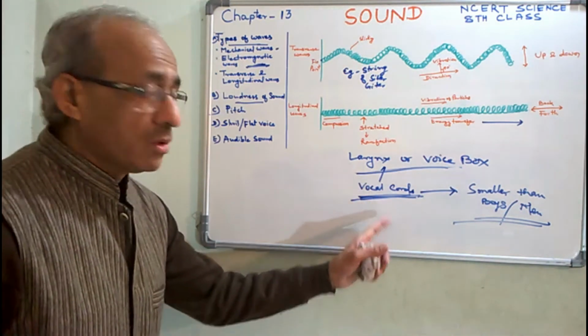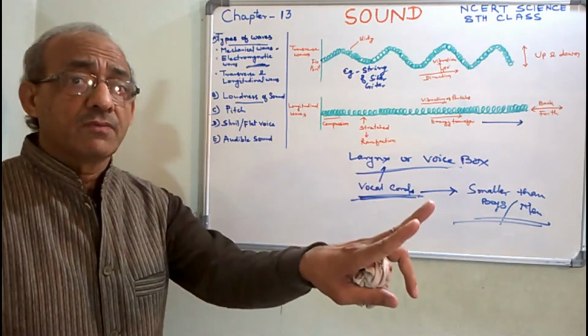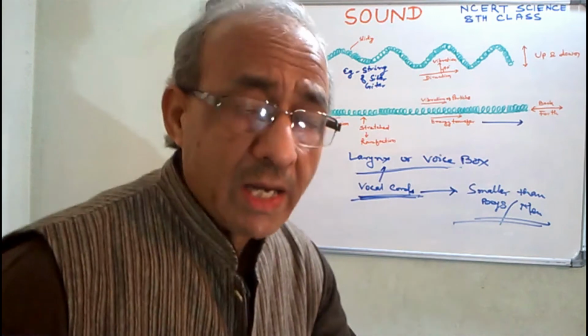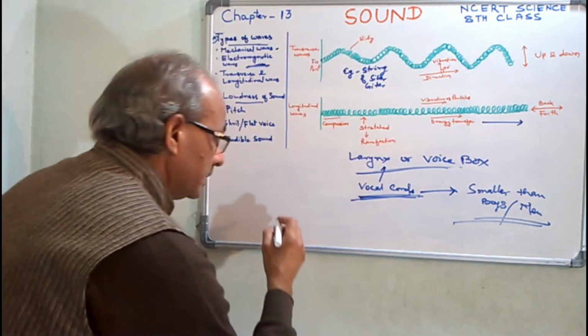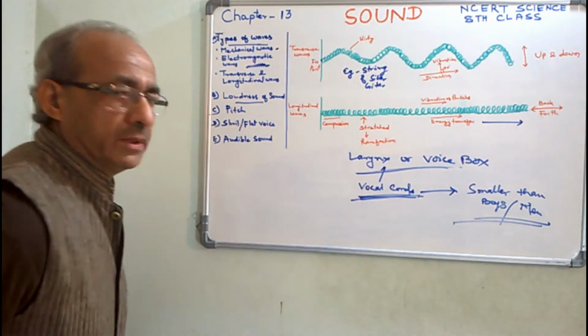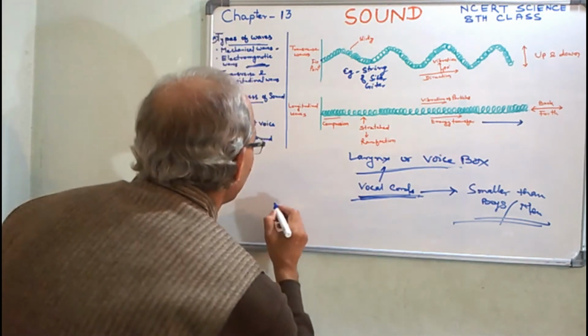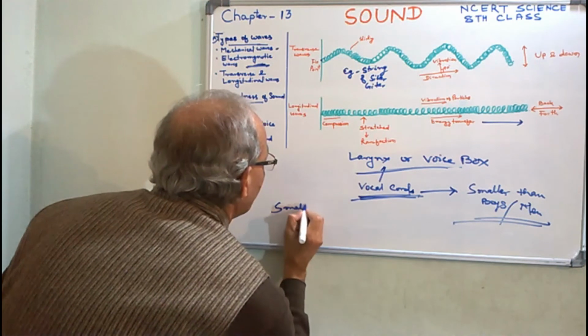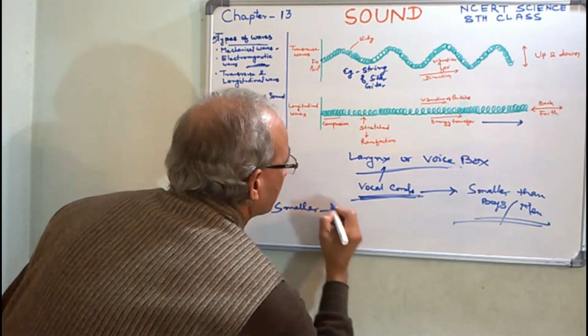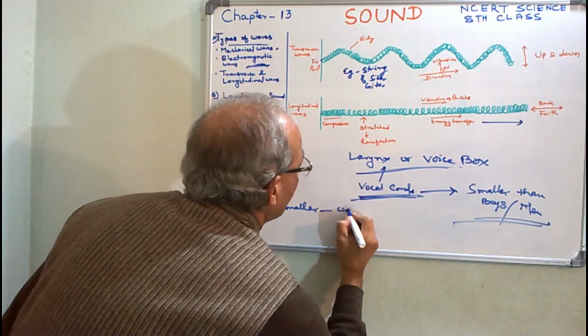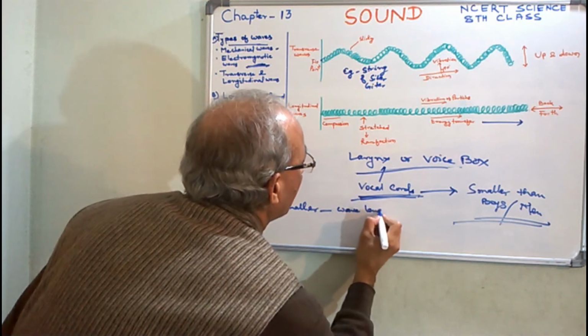As their vocal cords are smaller in respect of men and boys, the sound produced by their vocal cords is having a smaller wavelength.